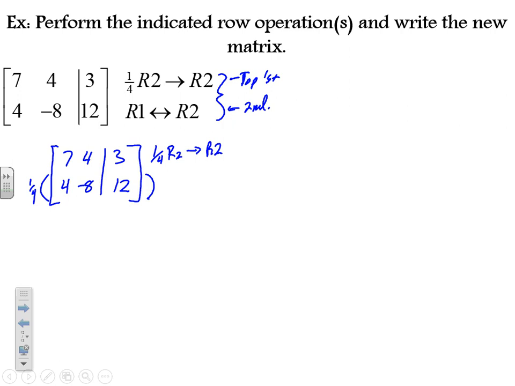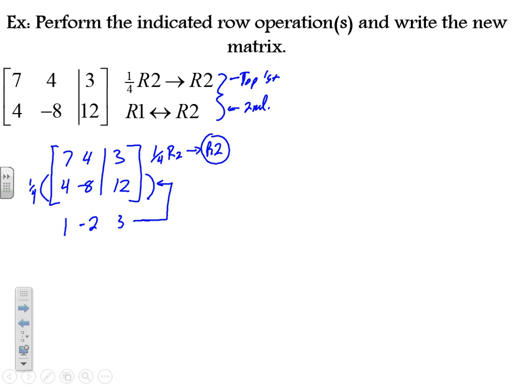So 1/4 times 4 is 1, and 1/4 of -8 is -2, and 1/4 of the 12 is 3. We're going to take this new row and replace what was originally in row 2, because that's what this is telling me to do.